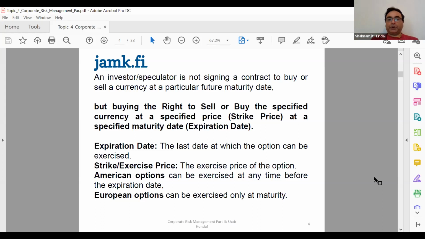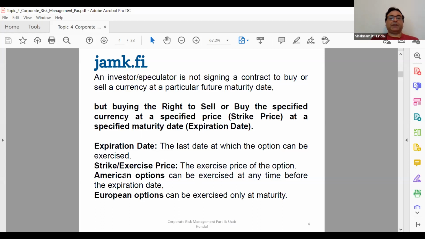But I'll come to this point in more detail later. So that's the main gist, or the crux, or the idea of options. Well, there's always an expiration date. The example which I just gave you, 15th of June, is the expiration date, the deadline.